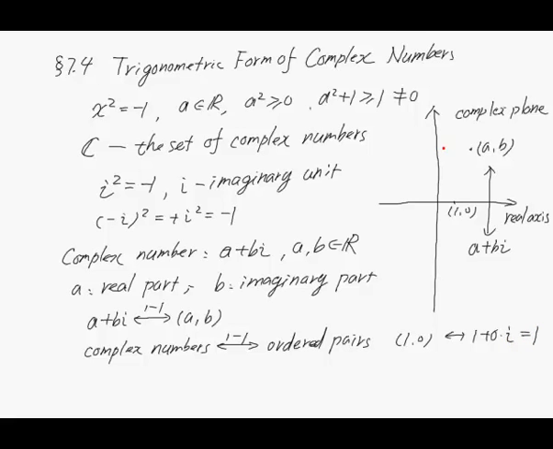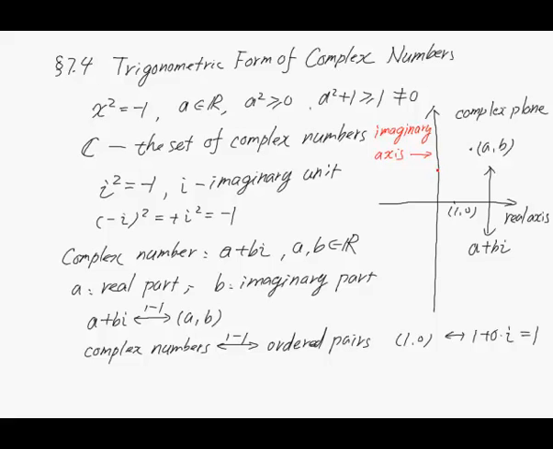And this vertical axis is called the imaginary axis, because all the points on this vertical axis are just the pure imaginary numbers.